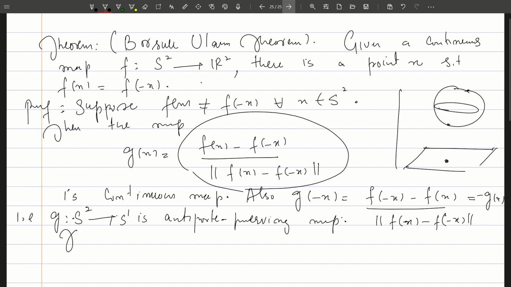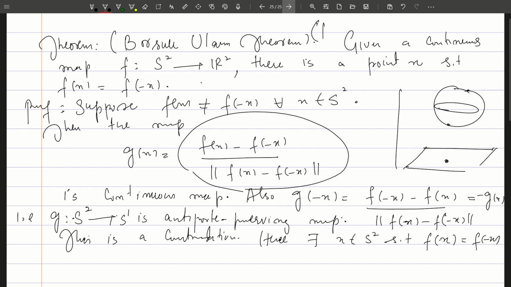So this is a contradiction. Hence, there exists x in S2 such that f of x is the same as f of minus x. So this is the Borsuk-Ulam theorem for S2. It has a generalization to Sm for any positive integer m.